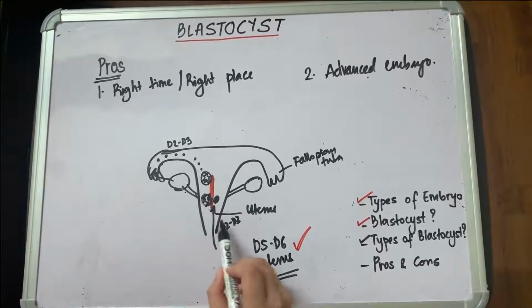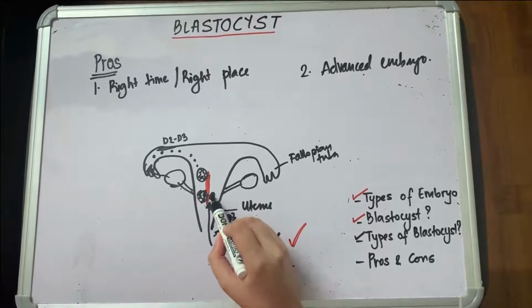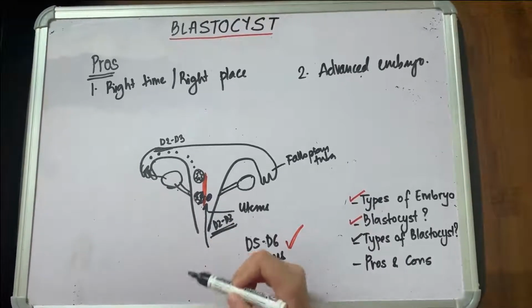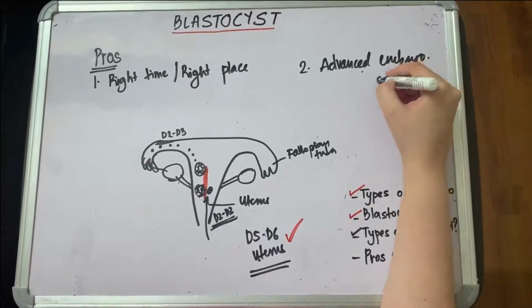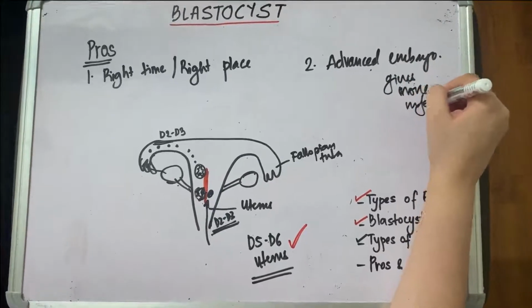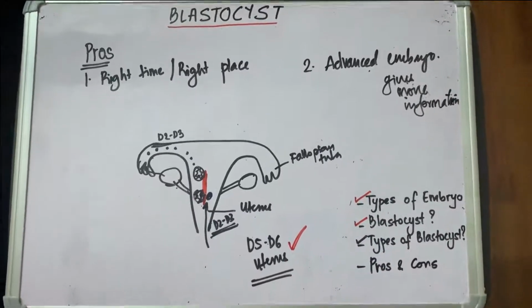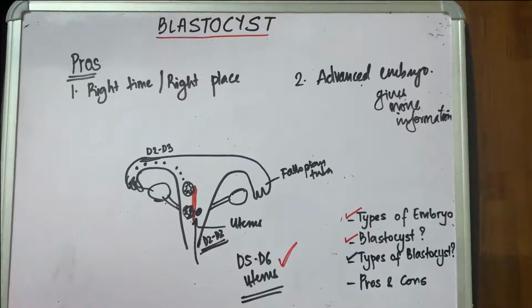With a day 2 or day 3 cleavage stage transfer, we don't know whether the embryo has progressed to blast, so we don't know the reason for a negative result. So it's an advanced embryo, and it gives us more information. This, according to me, is very critical in analyzing, diagnosing, and moving forward with your cycle.